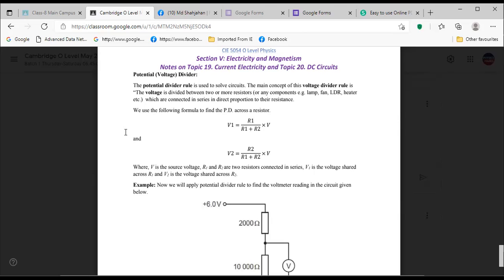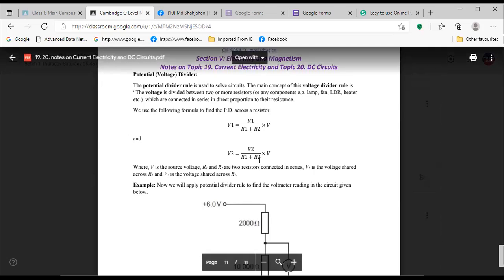Then it will be easier for you to get the exact value. If the two components are identical, then they will share definitely equally. But if they are not identical, then we apply these two formulas. Is it clear?